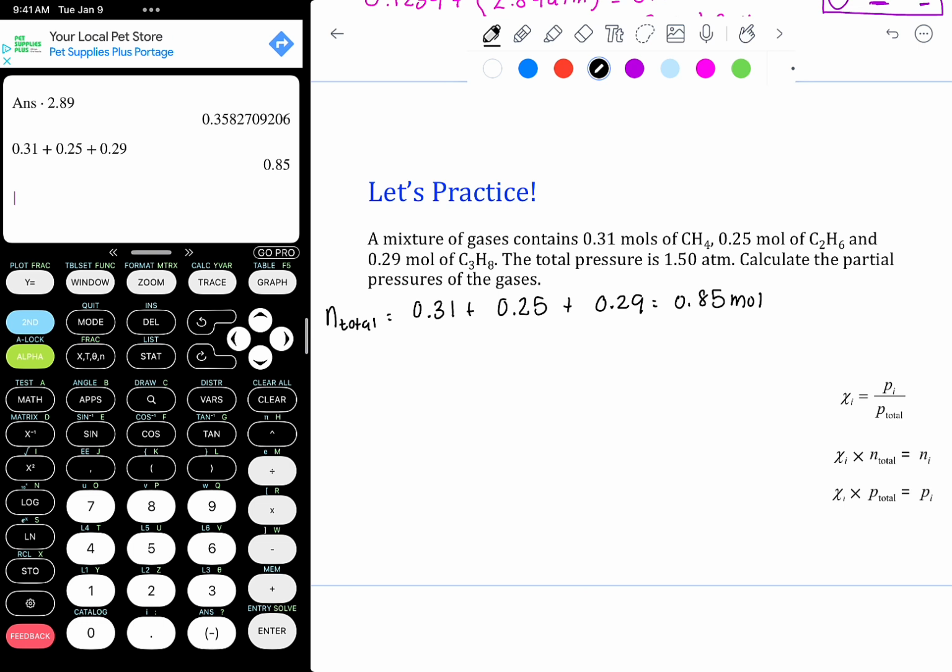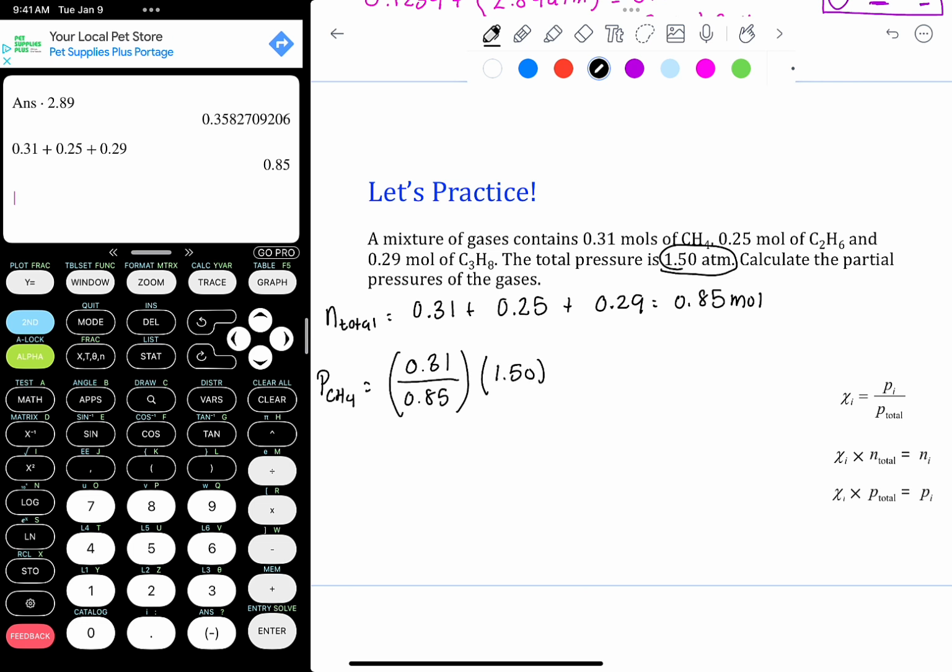We're going to find chi, multiply it by the total pressure of 1.5, and that will give us the partial pressure. So for the pressure of, let's do CH4 first. We get a chi of 0.31 divided by 0.85, which we're going to multiply by the total pressure, 1.5.